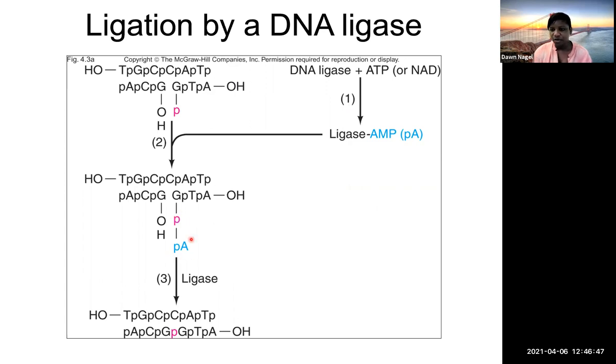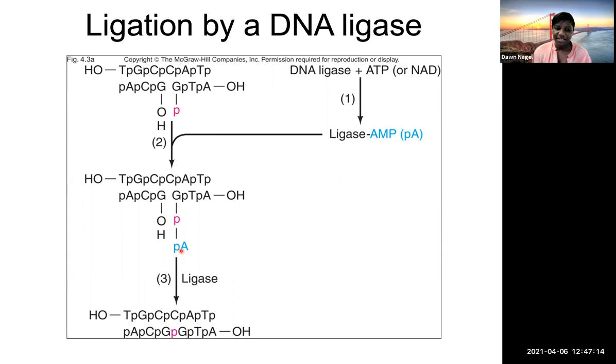This diphosphate that's then present is really high energy, it's storing all this energy. You want to seal this nick, so you want to create a phosphodiester bond with this OH that's present, this nucleotide that's attached to this OH.